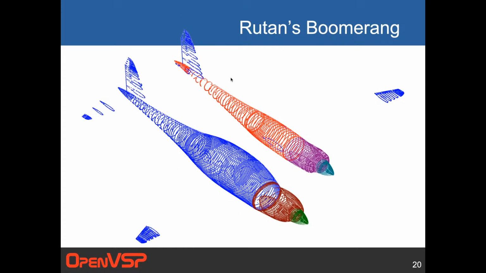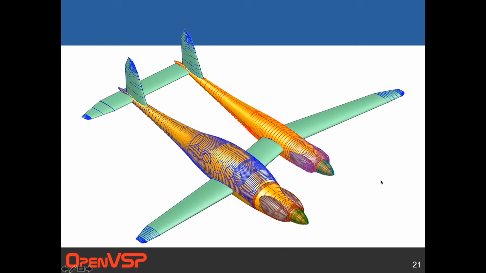It's a long story, but someone I know had a CAD model that they made off of Burt Rutan's drawings for the Boomerang airplane. And they were kind enough to share an STL file with me of that. And so I was able to pull in that STL file, get the point cloud from it, and by going through, I was able to build a VSP model that matches that aircraft.